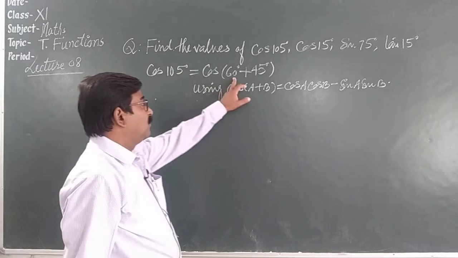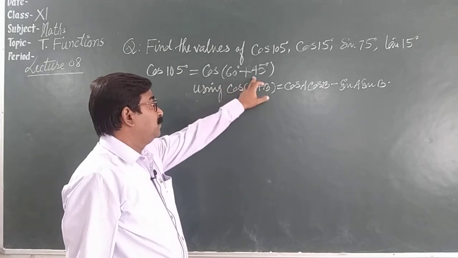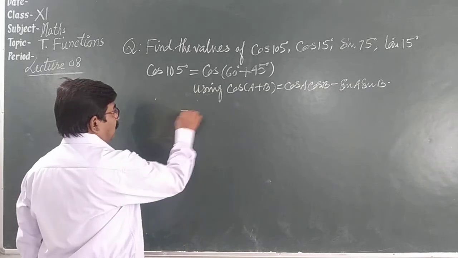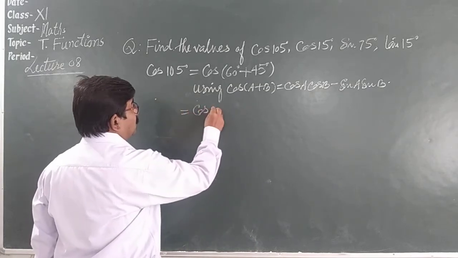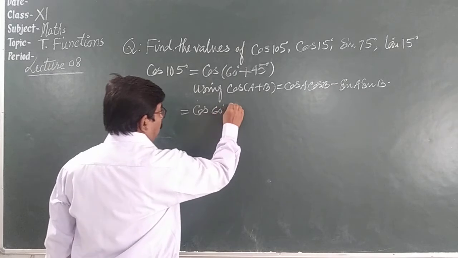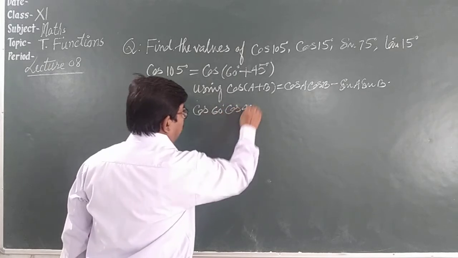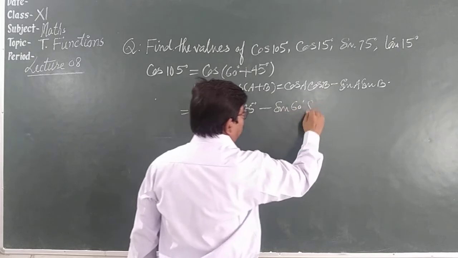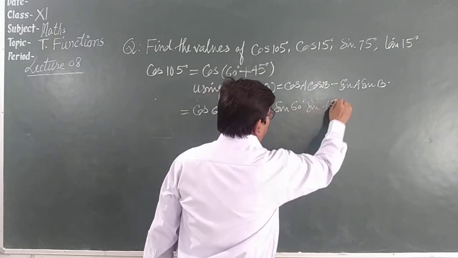So in place of A we have 60 degree, in place of B we have 45 degree. We can put the values. See, this is cos 60 degree cos 45 degrees minus sin 60 degrees sin 45 degrees.